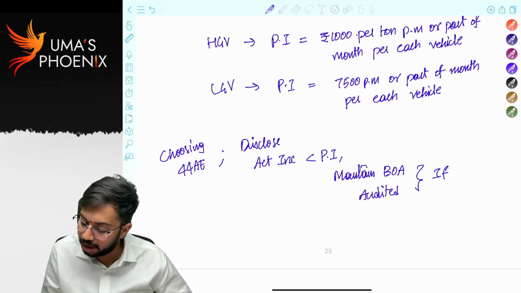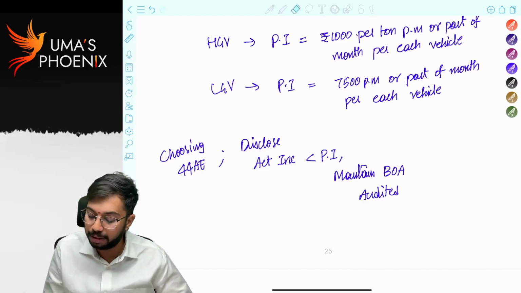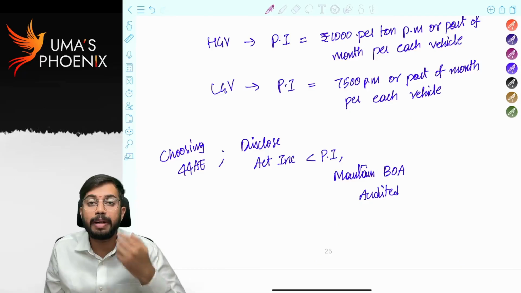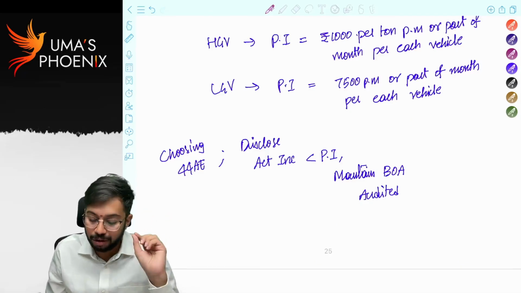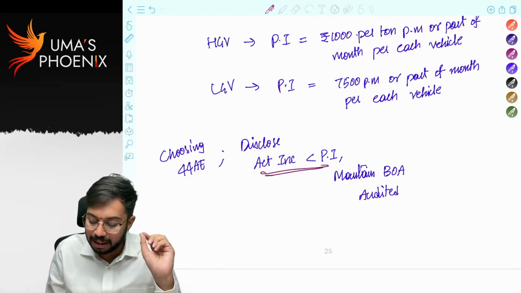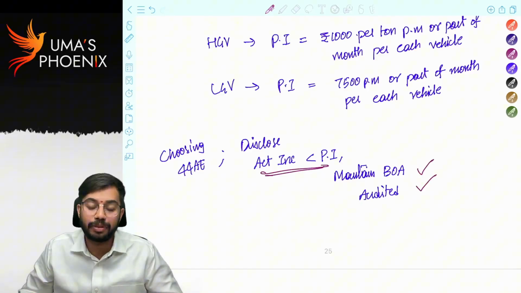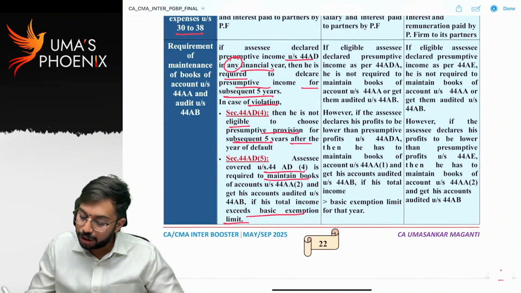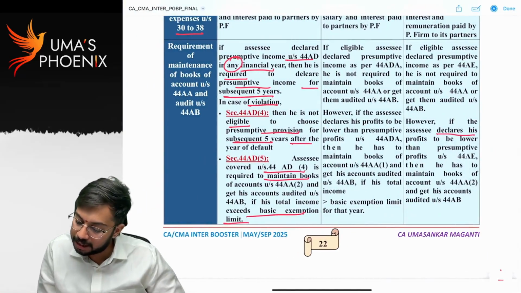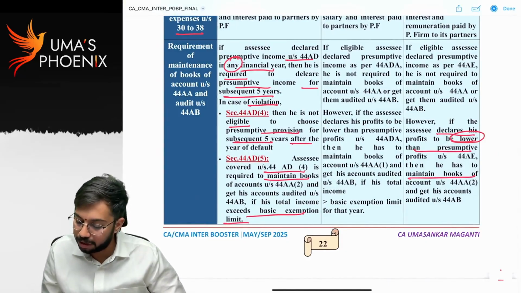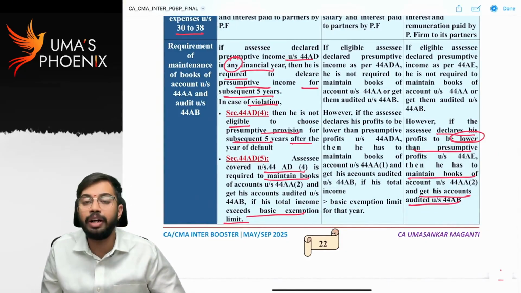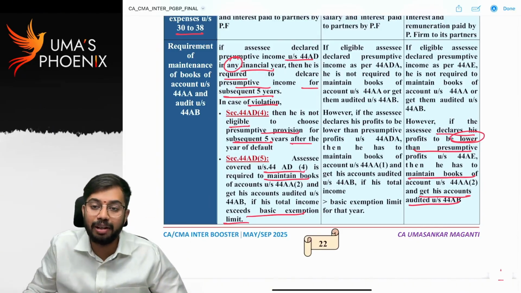Irrespective of the total income, if they disclose their actual income less than presumptive income, they are required to maintain books of accounts and get them audited. So if the assessee declares profits lower than the presumptive income, then he has to maintain books of accounts and get his accounts audited irrespective of the total income.